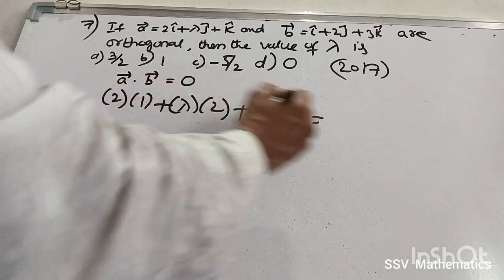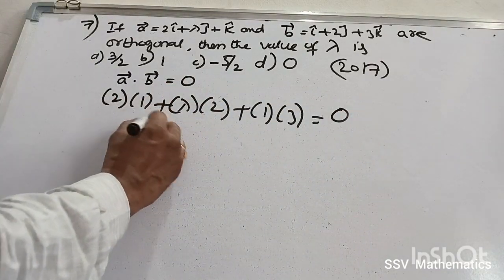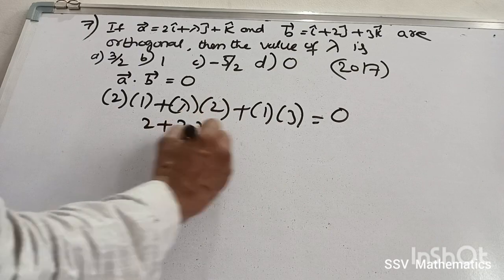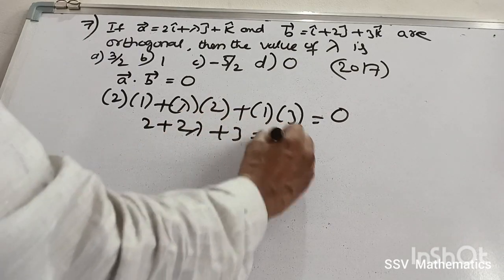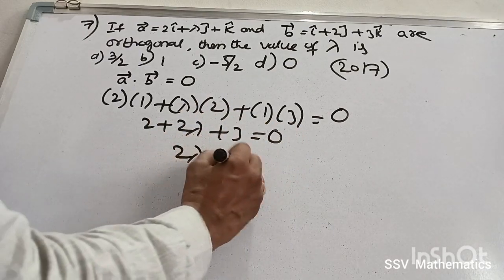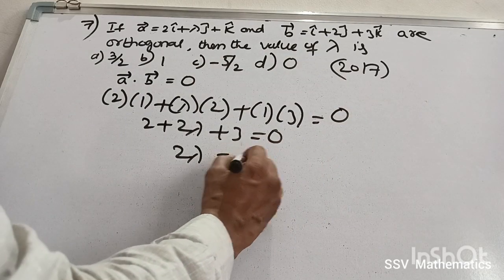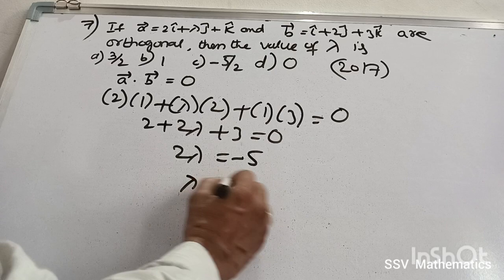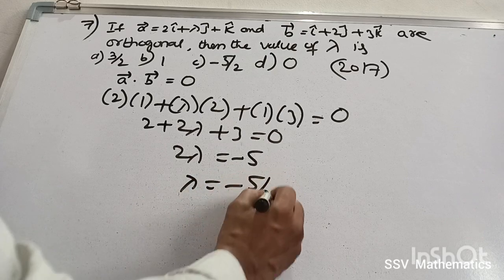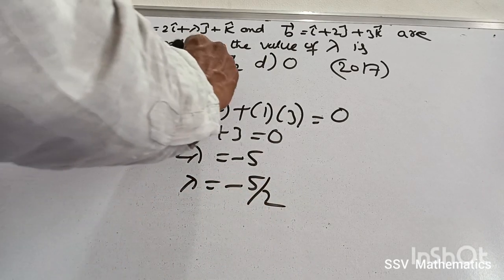This A dot B equal to 0. 2 plus 2 lambda plus 3 equal to 0. 2 lambda equal to minus 2 minus 3, minus 5. So therefore lambda equal to minus 5 by 2. Option C is correct.